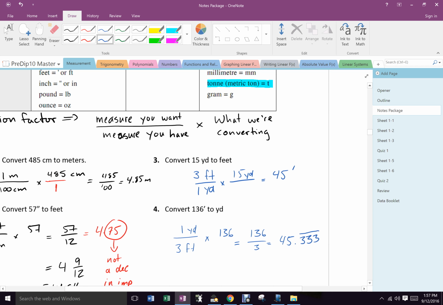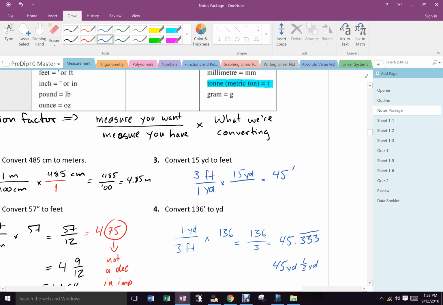Now, the money question. Would we leave it like that? No. What fraction does 0.333333 equate to? Yeah, 1/3. Absolutely correct. Right? So this is 45 yards and then 1/3 of a yard, correct?